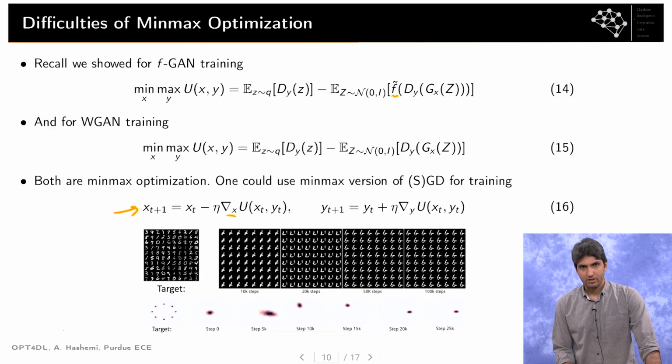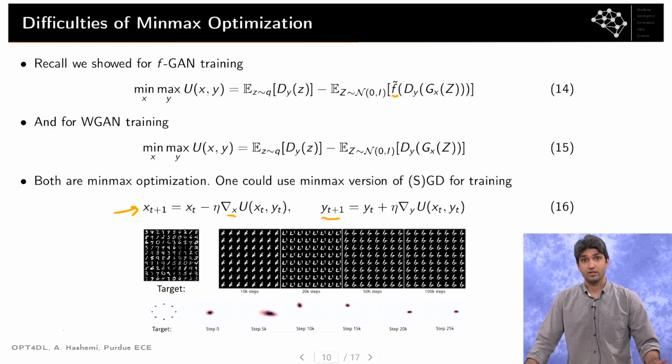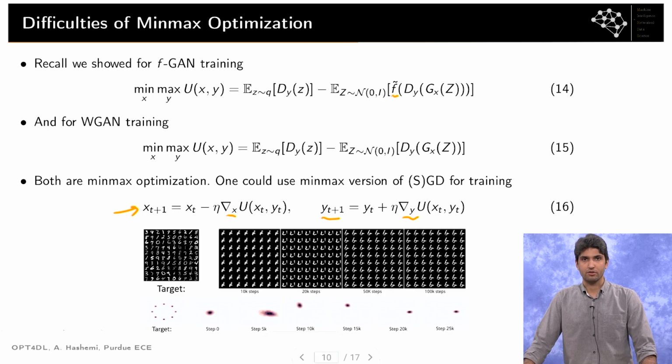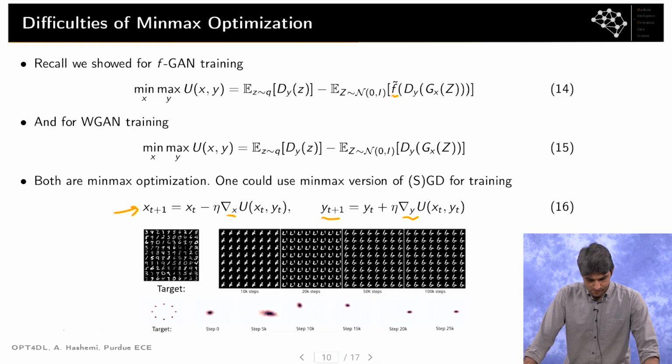But for the discriminator that you want to maximize, use gradient ascent. Okay, so you go from the current discriminator to the next one by following the direction of the gradient, not the negative direction of the gradient. And here the gradient is calculated obviously with respect to y, because we are updating the parameter of the discriminator.